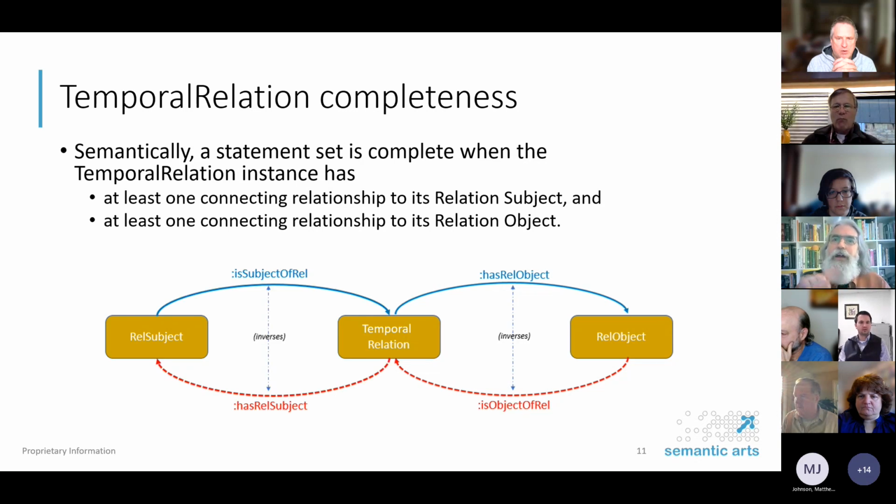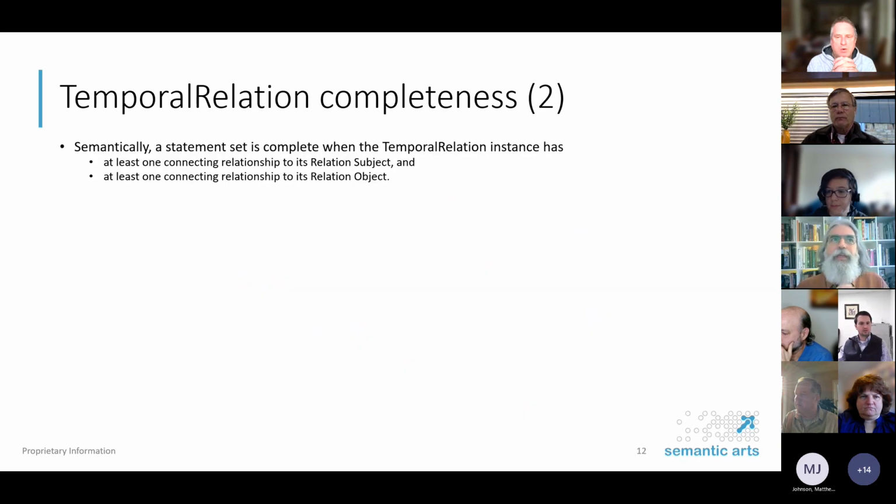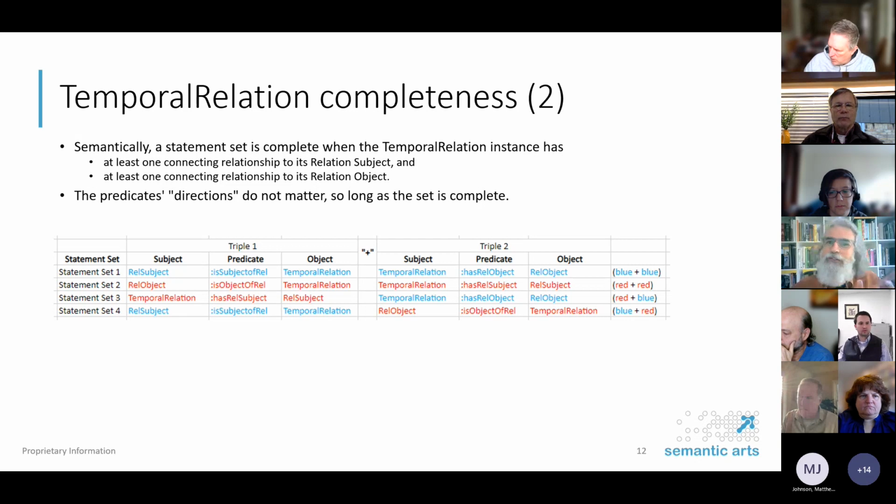So as long as you've got some complete path between all three of those things, then you're good. So just reiterating that statement there. The predicate directions, which way they're flowing, do not matter so much so long as you have the complete set, something linking all three entities together.